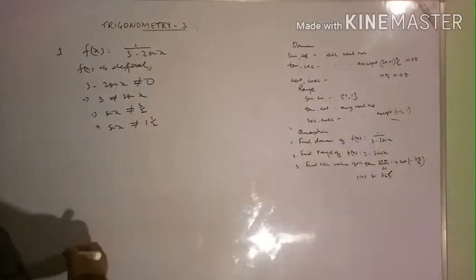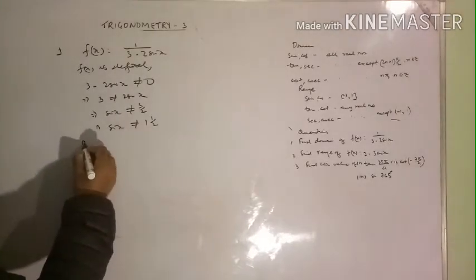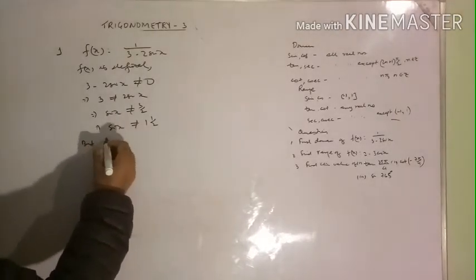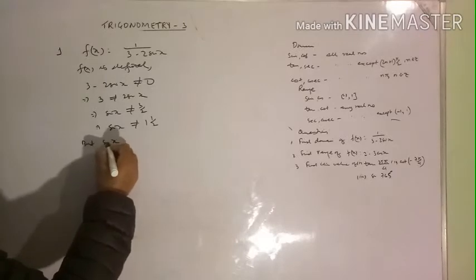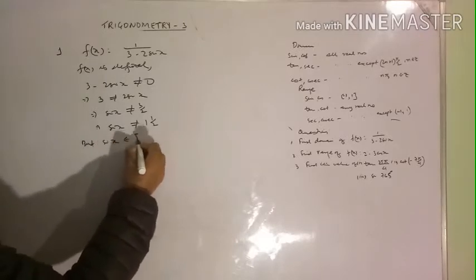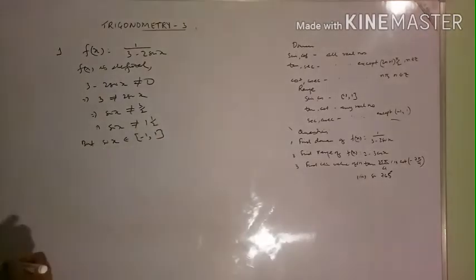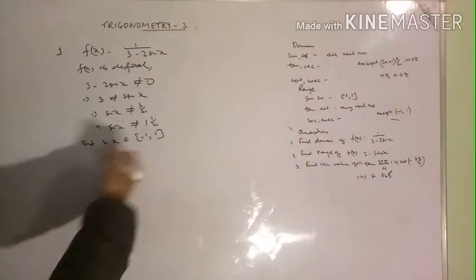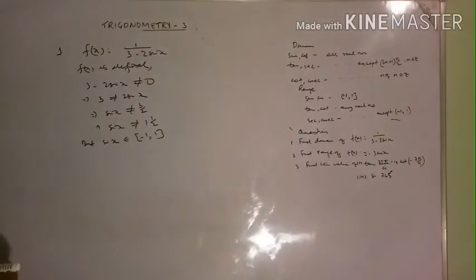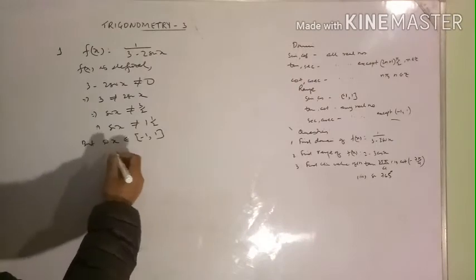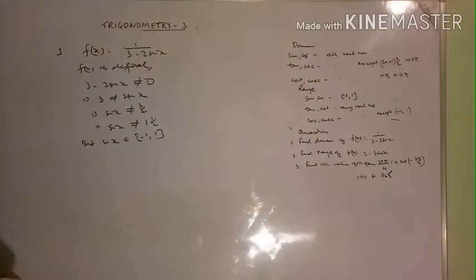And you know the range of sine x belongs to -1 to 1 only. The value of sine x lies between -1 and 1, so it cannot be equal to 1.5. Therefore x can take any value.